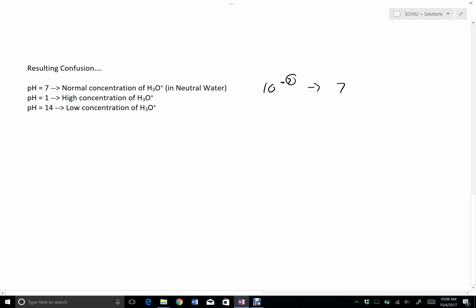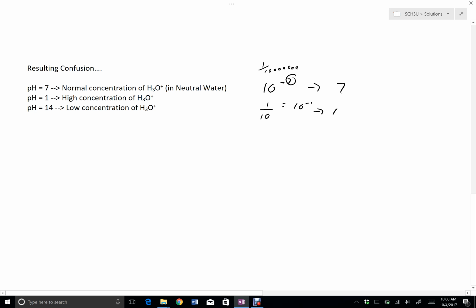In acidic water, where we have a high concentration, say 1 in 10, instead of 1 in 10 million, or we could express that as 10 to the negative 1, we get a pH of 1, so that represents a high concentration.